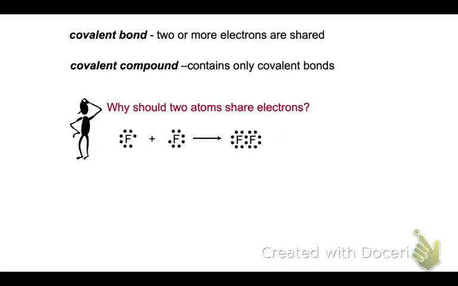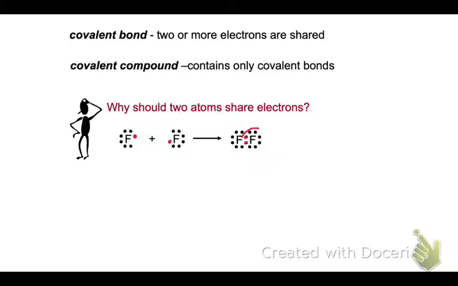They both want to gain an electron, right? So I'm going to color code that for you. This fluorine here will give this electron. I'm going to make this red, and this one here is red as well. So these two reds are being shared. One came from the fluorine on the left, and the other one came from the fluorine on the right.